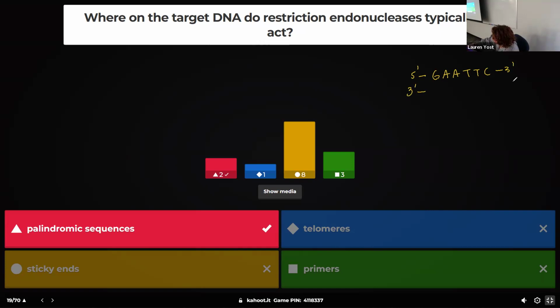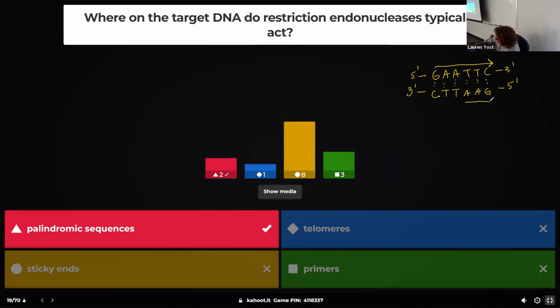So 3' to 5'. So they act at palindromic sequences. So if I have a G here, what does G bind to? C, and A to T. Don't think too hard about it. G. Okay. GAATTC from 5' to 3' direction.